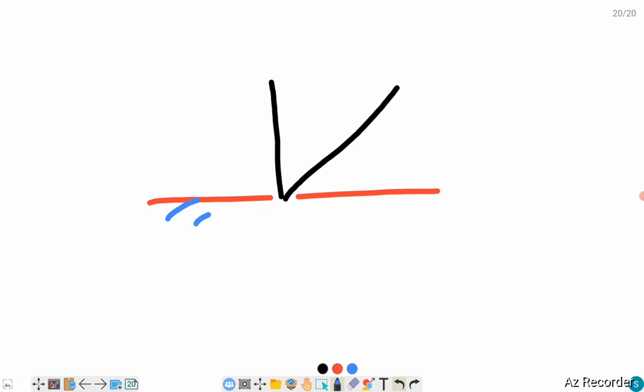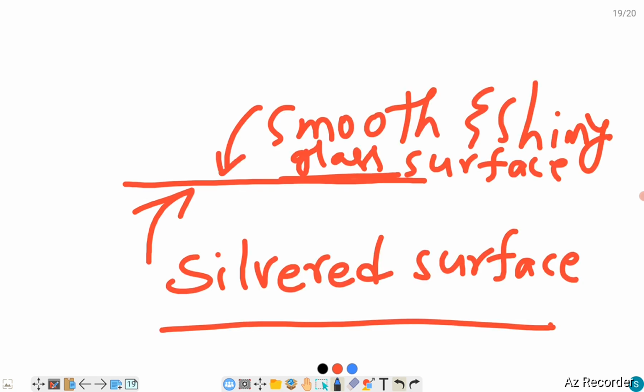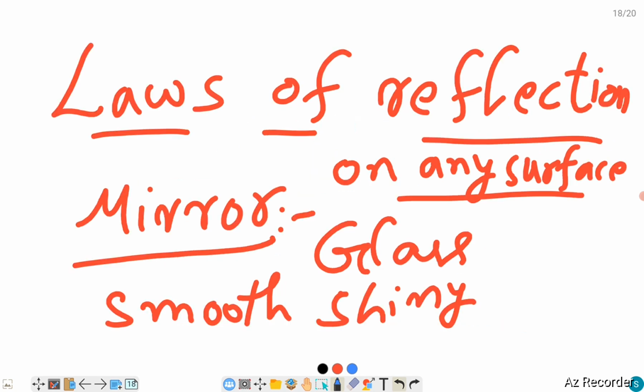We are coating here opaque material, because opaque is the blocker, correct? It should not allow the light to pass through it. Then only light will not have any path to pass here, so that it goes back. Understood? So this is the reason we take mirror like this. Understood? Now let's see how this reflection takes place and what are the laws of reflection. Understood?